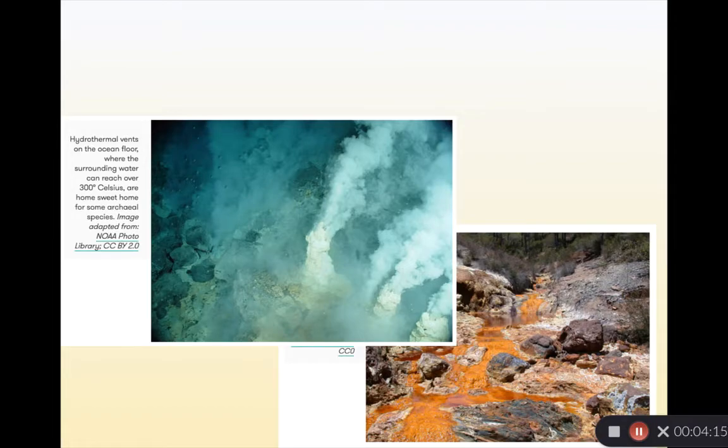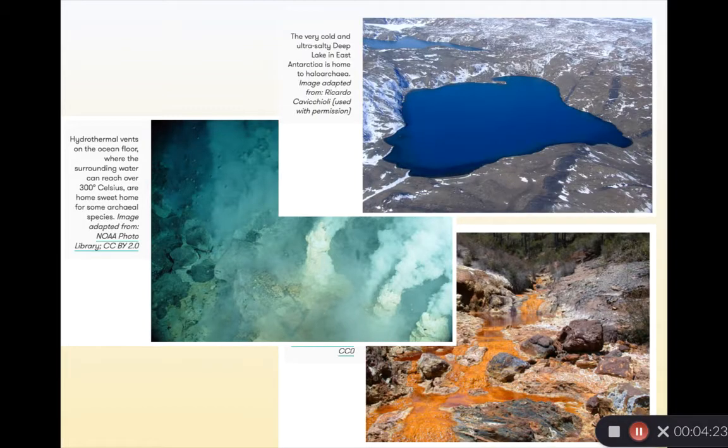We have surrounding water reaching 3 times the boiling point of water, and yet again life is able to persist in this extreme environment. And from extremely hot, we also have extremely cold and ultra salty lake in East Antarctica, again home to halo archaea. So again, salt-loving organisms.